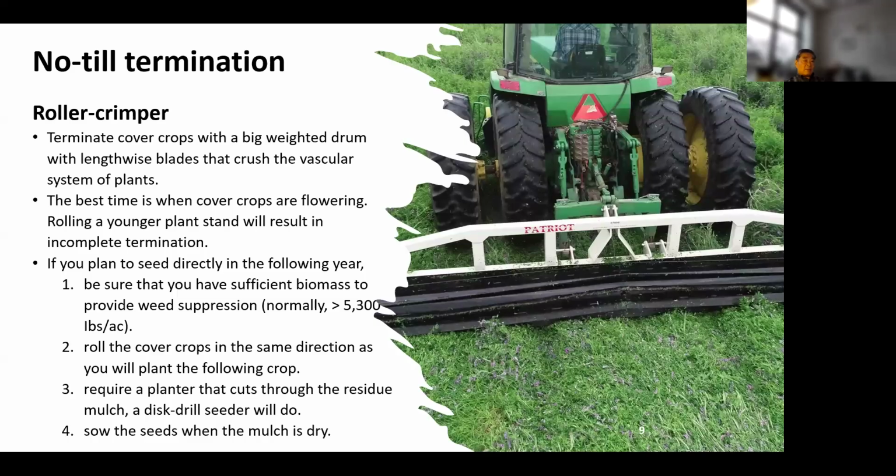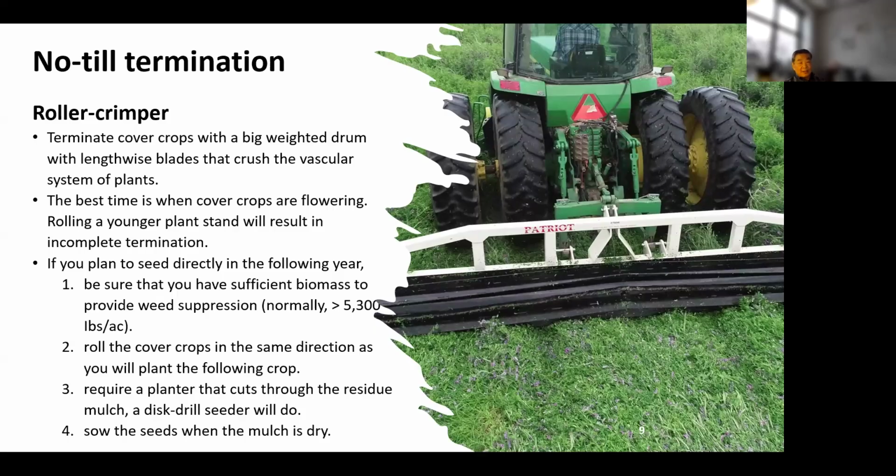Rolling a younger plant stand will result in incomplete termination, and it would start growing back if you terminate too early with this method. If you plant the seed directly into this field in the following year, I mean direct seeding, you should make sure you have sufficient biomass for weed suppression.